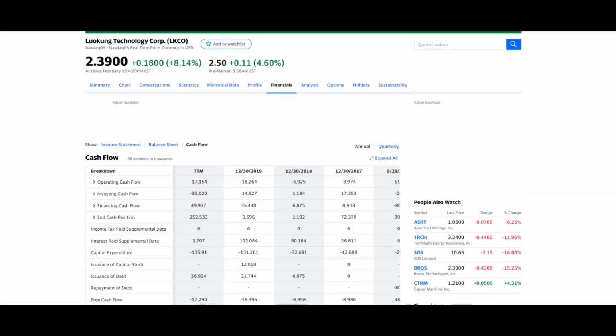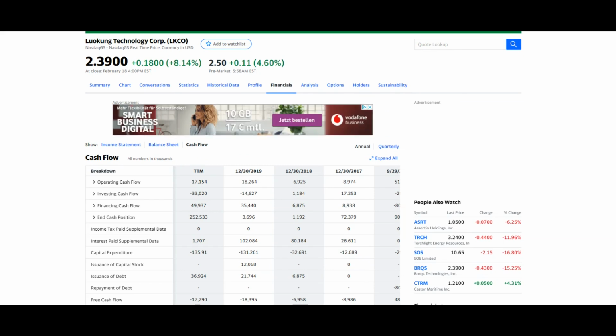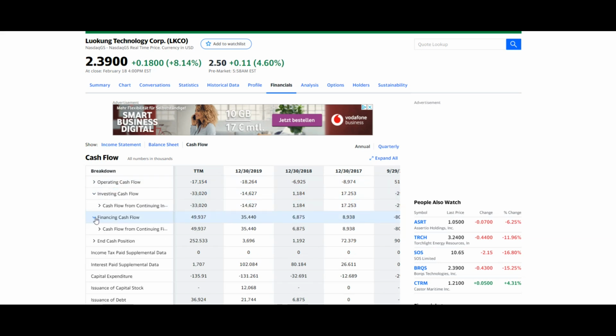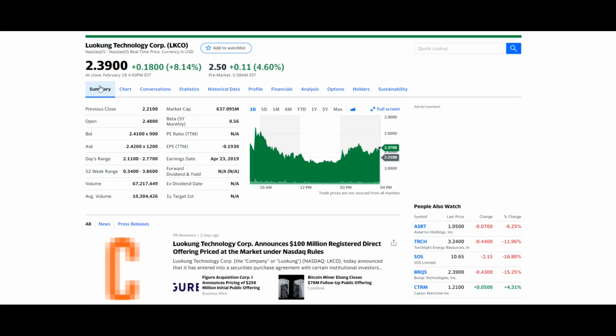And that is quite important, because we can neglect the losses, for instance, but we cannot neglect the balance sheet, because that's a recipe for bankruptcy. And then we have an operating cash flow in negative, and investing cash flow negative, financing cash flow is positive, and then an end cash position of $252,000.